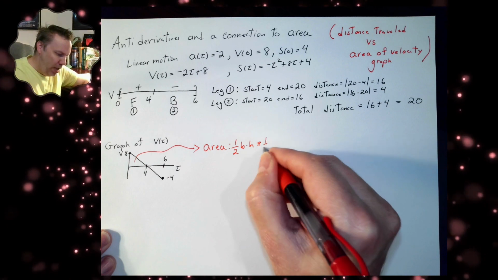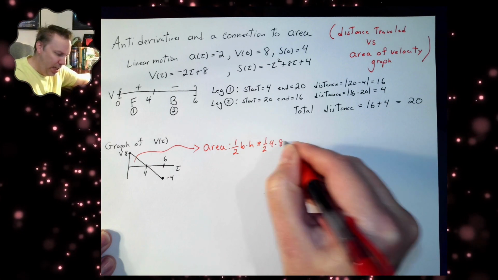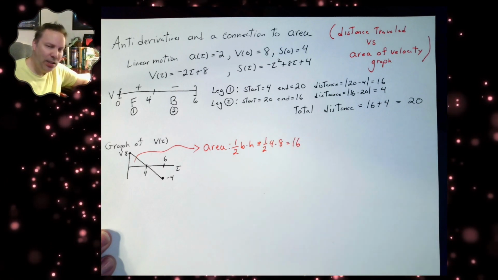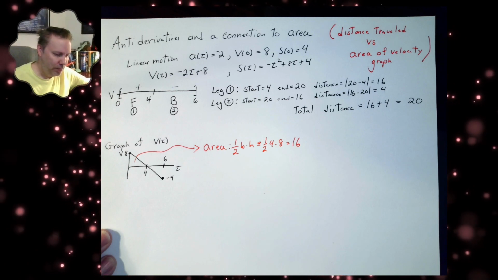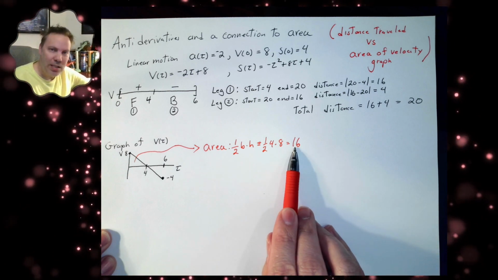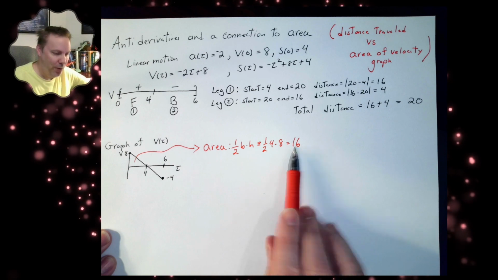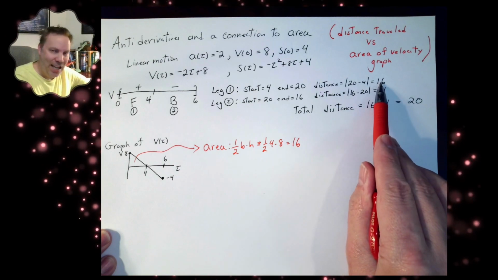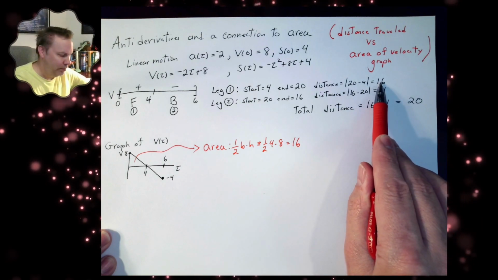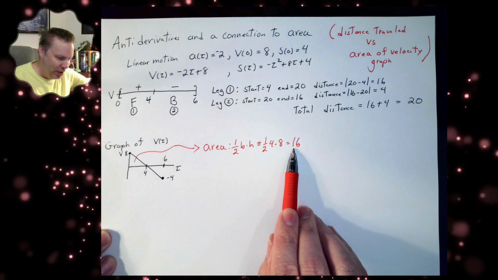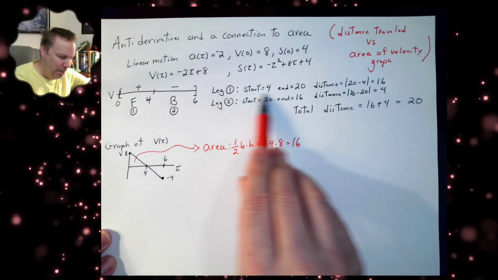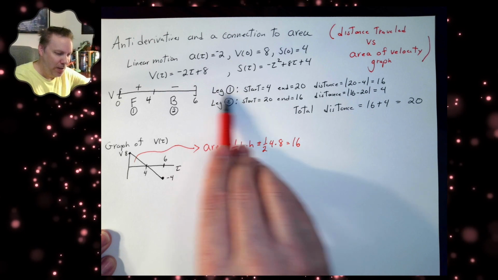So I get 1/2 times 4 times 8, or 16. I've seen that before. That's the first leg of the trip. So this area here is the same answer as this calculation up here.